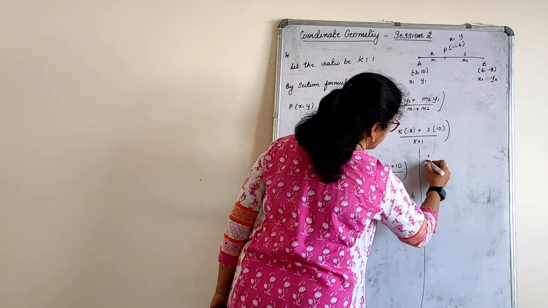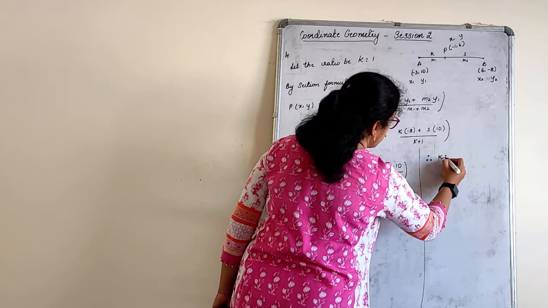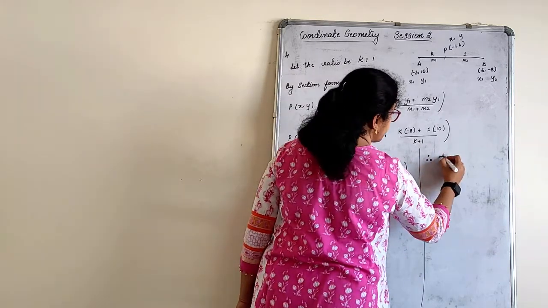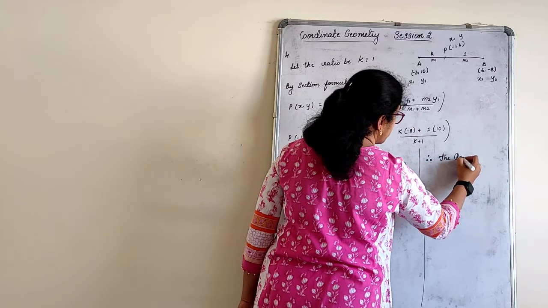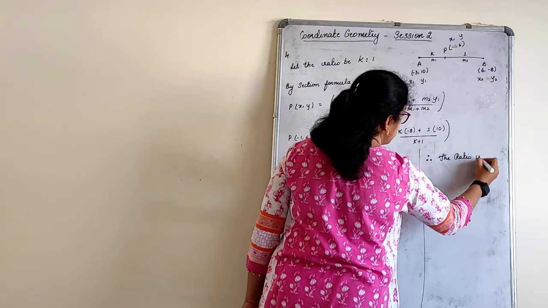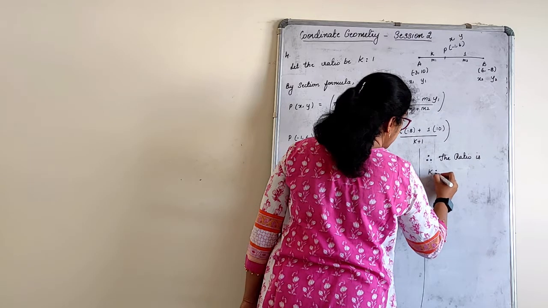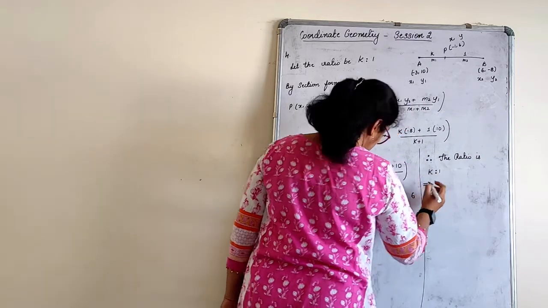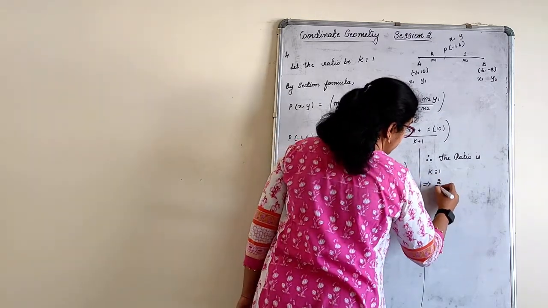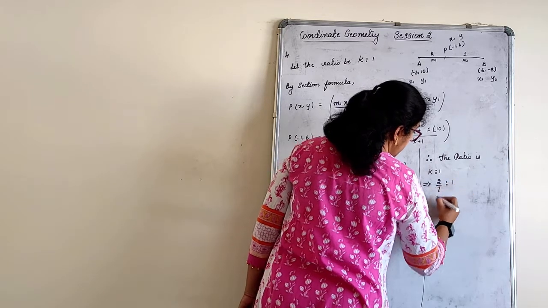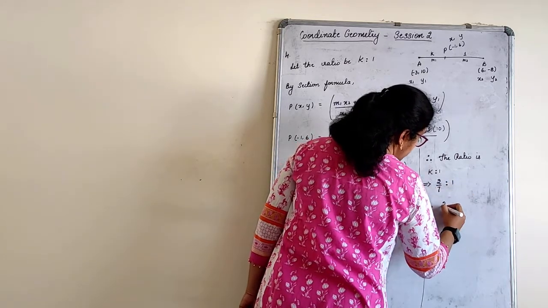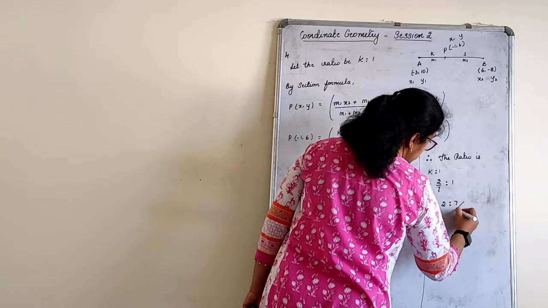Therefore, the ratio is k is to 1, which is nothing but 2 by 7 is to 1. Therefore, it is 2 is to 7.